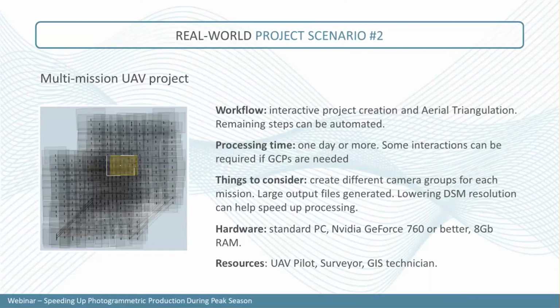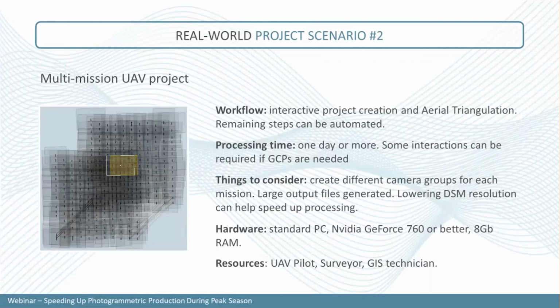If at the end you're looking only for an ortho, maybe you want to lower the resolution of your DSM a bit, so it can accelerate your processing. Typically, the DSM generation section of a project is up to 40 to 45% of the whole project time. So by lowering the resolution a bit, you can narrow down the processing time of your project.